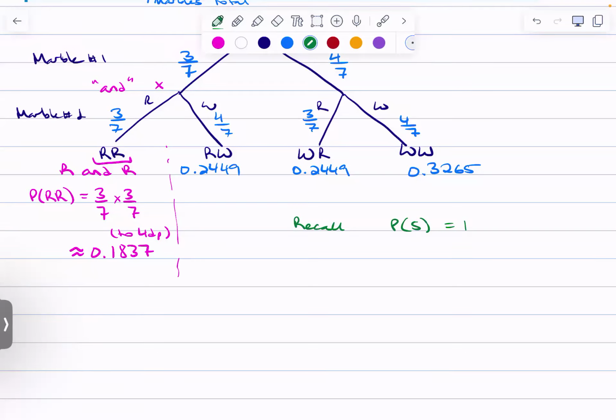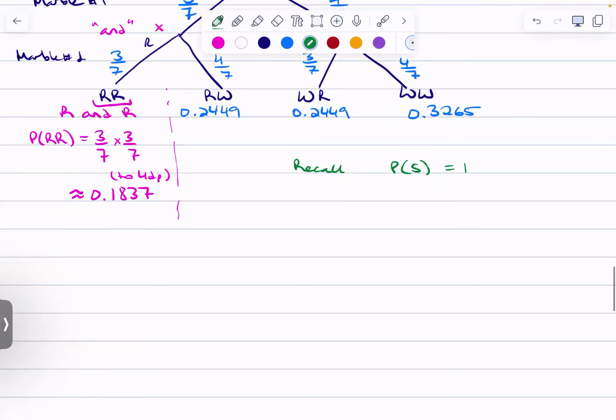So a nice way of checking your work with your tree diagram is to make sure that the sum of these probabilities is 1. If you've rounded values, there's a tiny bit of wiggle room. If you get 1.0001 or something like that, then that's okay, or 0.9999.